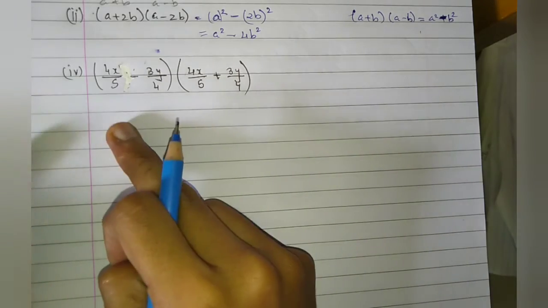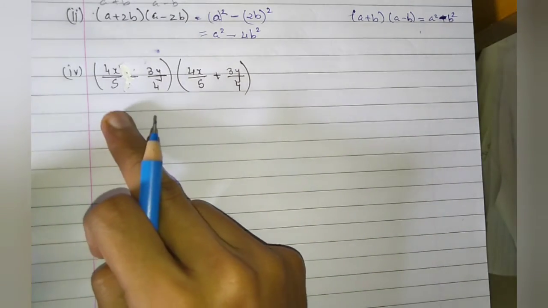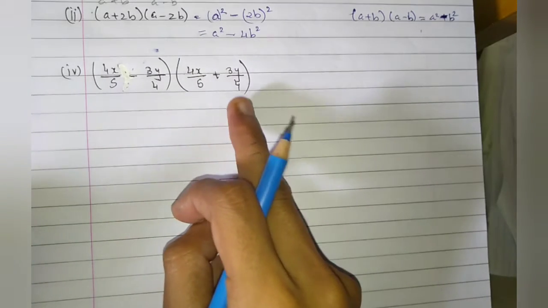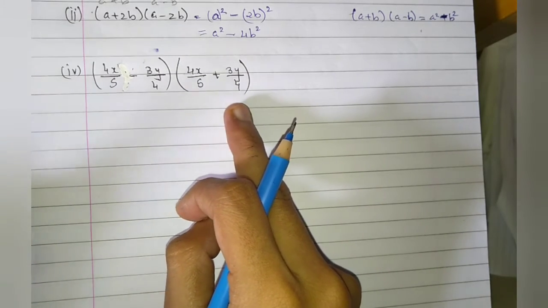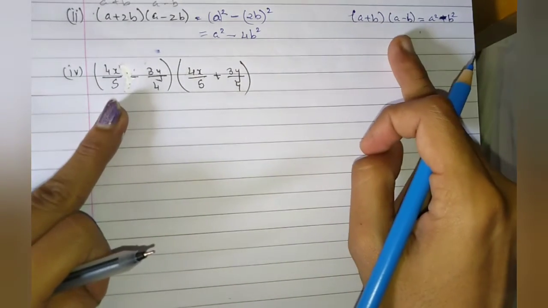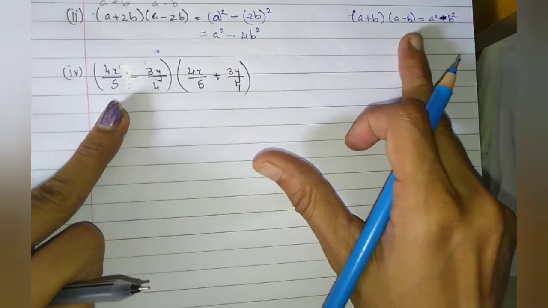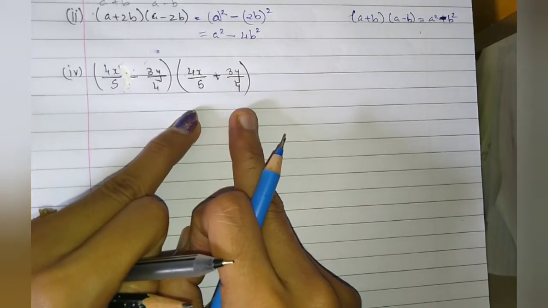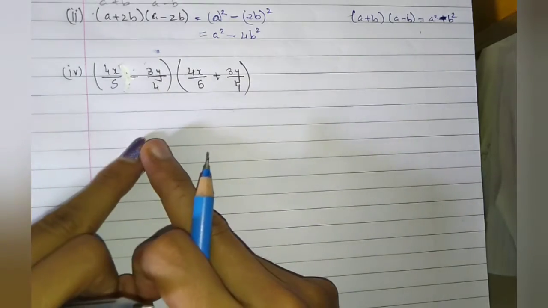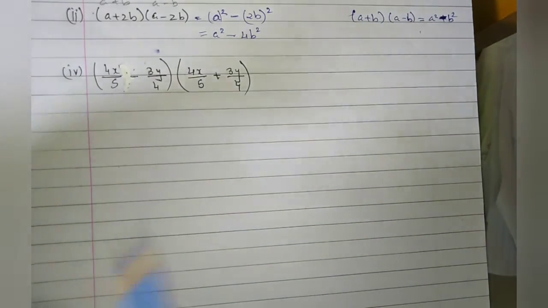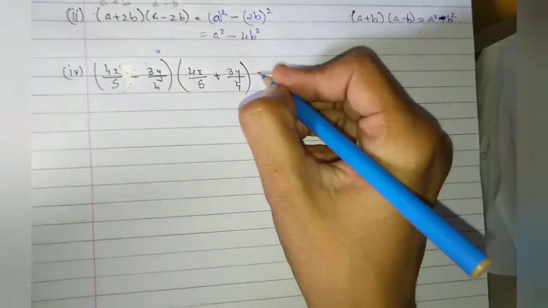Now this is your question: (4x/5 − 3y/4) into (4x/5 + 3y/4). So this one we can use the identity (a + b)(a − b). Here first a − b into a + b is there, so one and the same. If I write plus here or plus here, it is one and the same only, so I can use this identity.